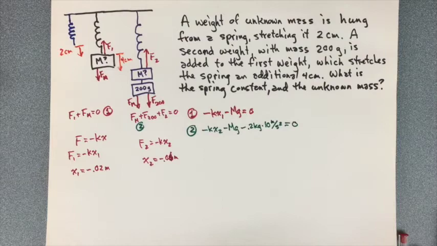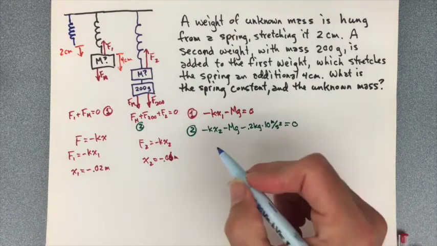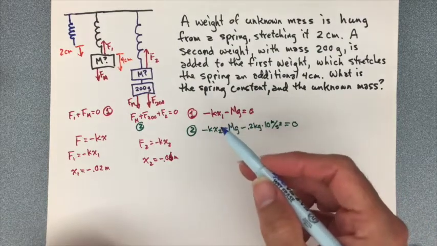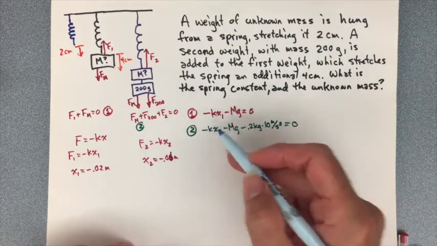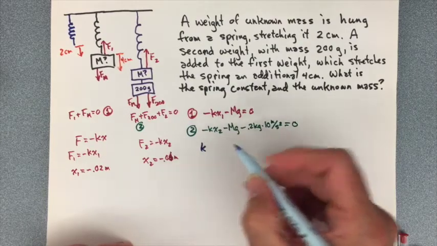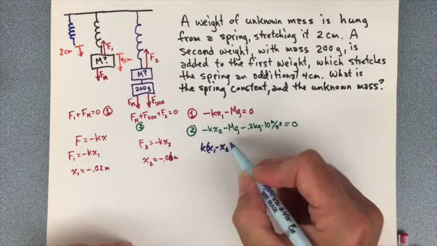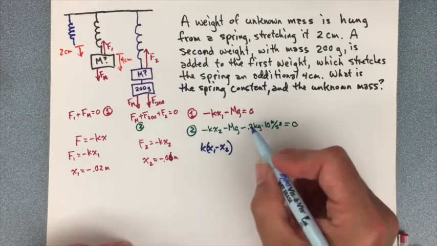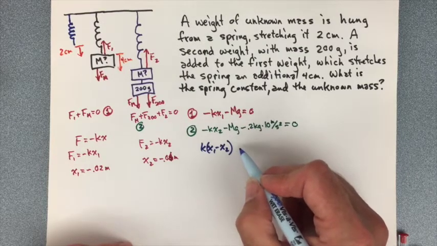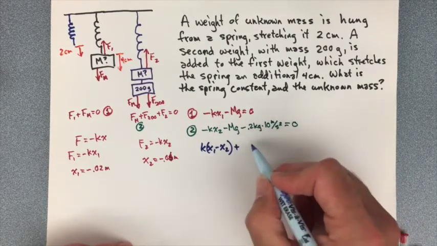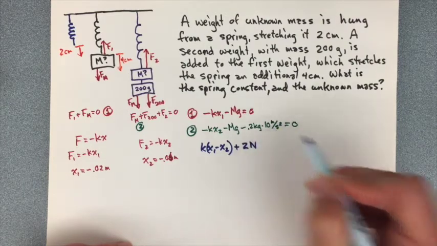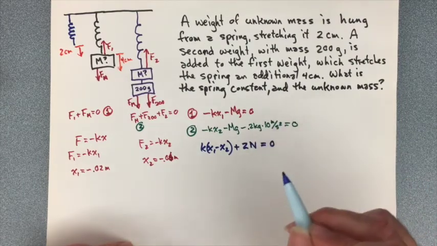And now we simply have to solve these simultaneously, and let's choose to subtract these two from one another. If I do that, subtracting this one here from this, I get k times x1 minus x2. The mg's go away, and because I subtracted this, this becomes positive. This is plus 2 newtons, simply multiplying that through, and that's equal to 0.